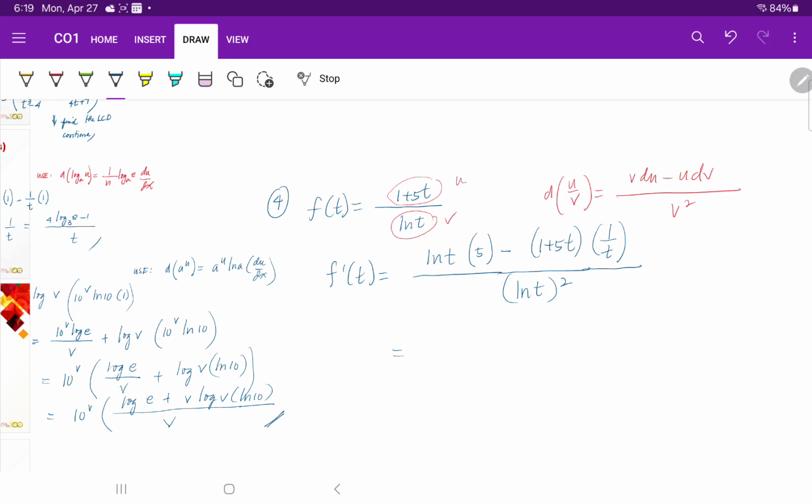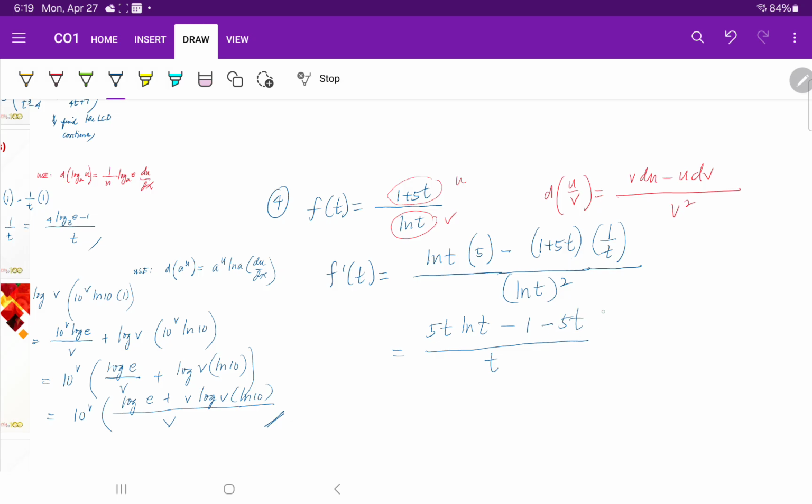So if you simplify, we get first the least common in the numerator. What's the least common? It's t. So we get 5t times ln of t minus 1 minus 5t.